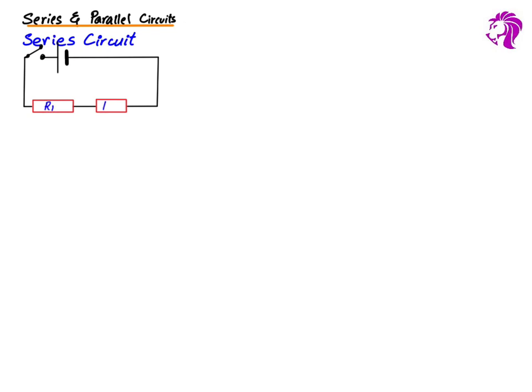So this is resistor 1, this is resistor 2, and you must have an ammeter connected in series, right? This is the second ammeter, this is the third ammeter. You can connect the ammeter anywhere in the circuit. Ammeter is used to measure current and it can be connected anywhere, but it must be connected in series, you need to make sure of that.